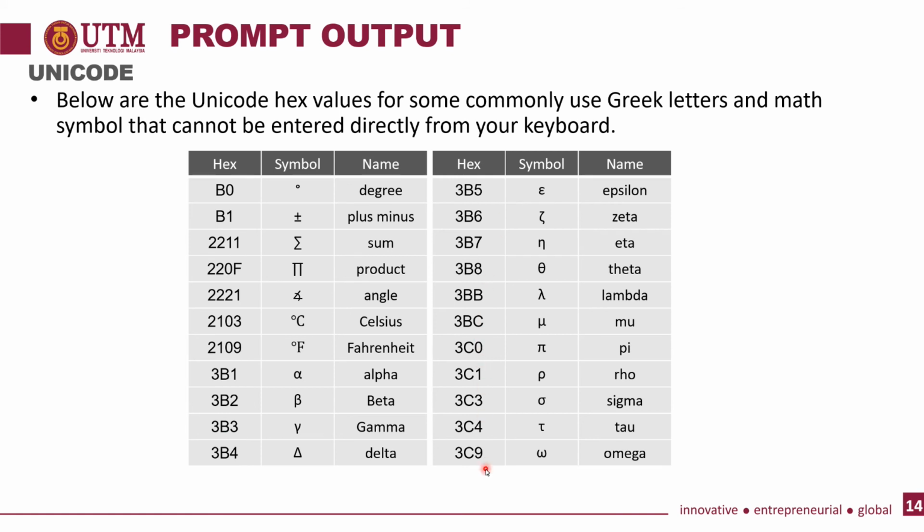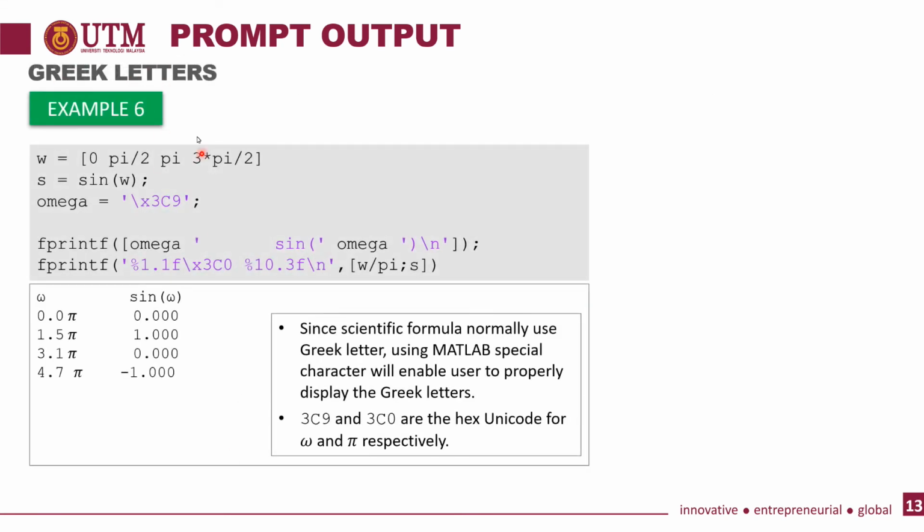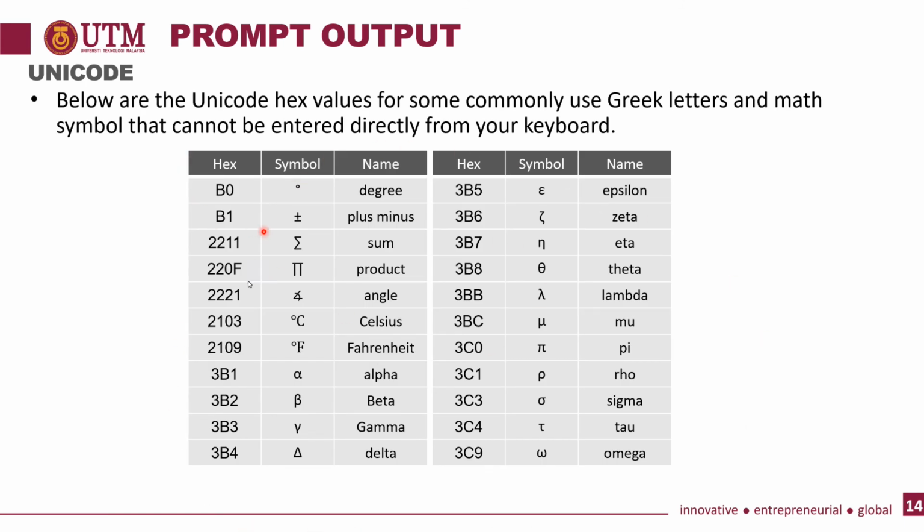You do not need to remember them, you just need to understand how to initialize them. Remembering them is quite impossible because there are so many. You just need to know how to use them. The example is already shown in example number 6. So these are some of the characters that you can insert inside MATLAB.